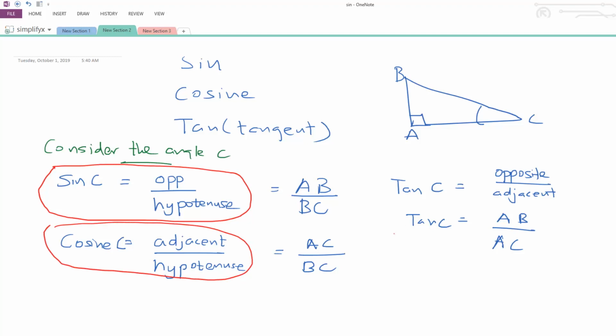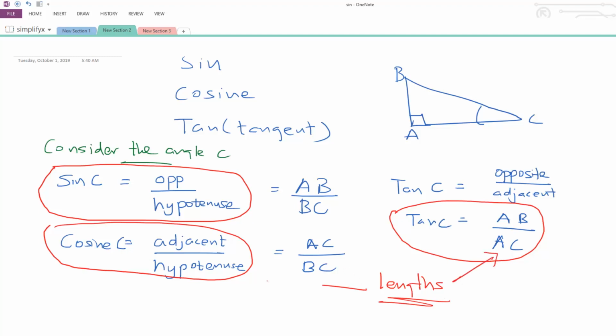And then finally we learned that the tangent for a given angle is equal to the length of its opposite side divided by the length of its adjacent side. Please note, all of these are lengths. These are lengths, right?